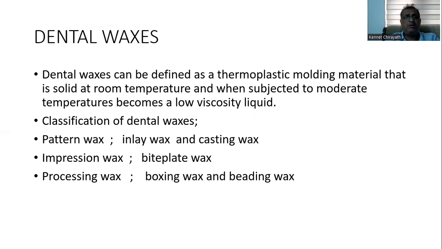So it is broadly divided into three. One is pattern wax, to take the pattern of the tooth. Second is impression wax, to take the impression of the edentulous area. Then comes the processing wax, for the processing of the complete denture or the ceramic crown. Okay, so this is the classification of the dental wax.